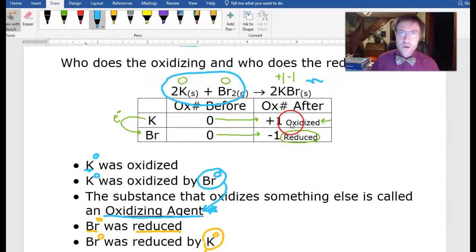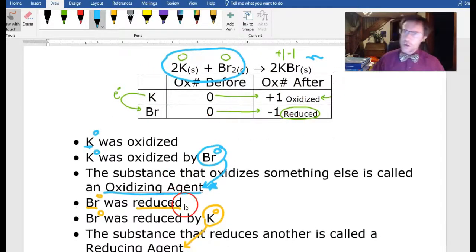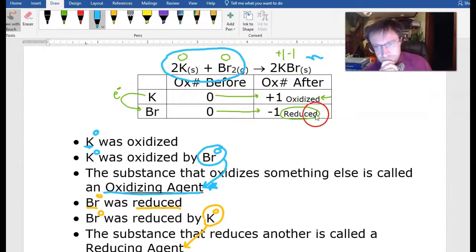Okay, so this is one way you can tell, by using oxidation numbers and looking at the equation and asking yourself, who got oxidized? Who did that? Who did the oxidizing? Well, whoever was reduced. Whoever is reduced is always the oxidizing agent.